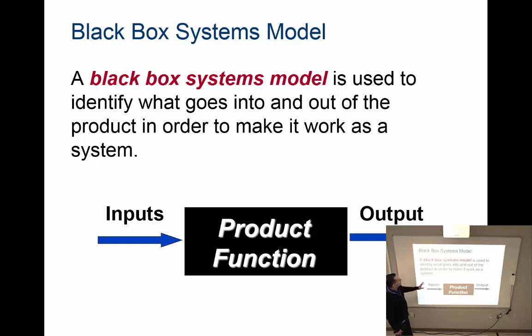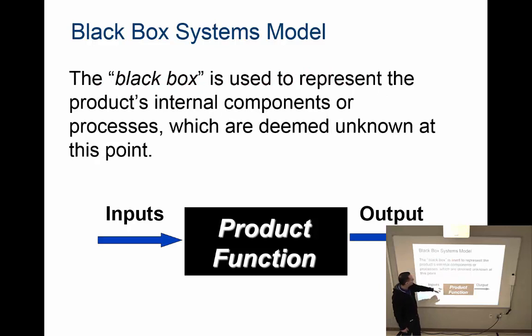And then I'm going to use what they call a black box system model to identify what goes into and out of the product in order to make it work as a system. The reason it's called a black box is because the internal components of the process are unknown at this point, since we're not taking it apart.